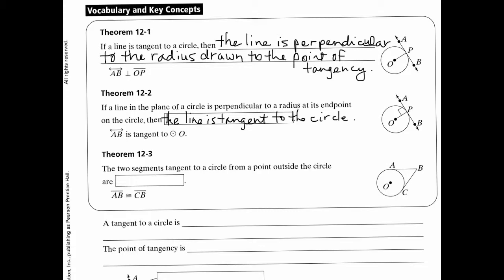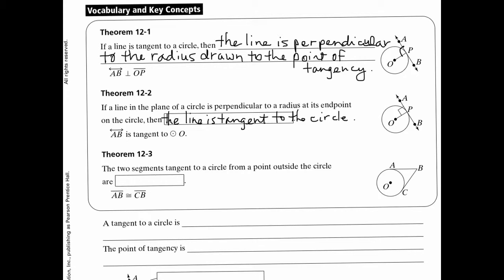Okay, these two theorems are actually converses of each other. The first one says, if the line is tangent to the circle, then it's perpendicular to the radius. So that would tell me that this is a right angle right here. The second one says, if the line is perpendicular to the radius, then it's tangent. Does that make sense? Okay.